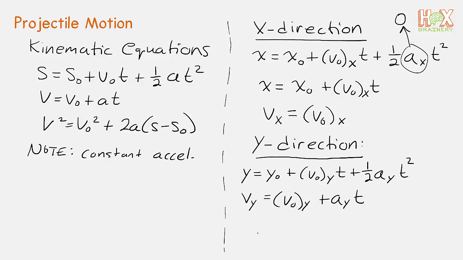And then the final kinematic equation tells us that the final velocity in the y direction squared is equal to the initial velocity in the y direction squared plus 2 times the acceleration in the y direction times y minus y naught.